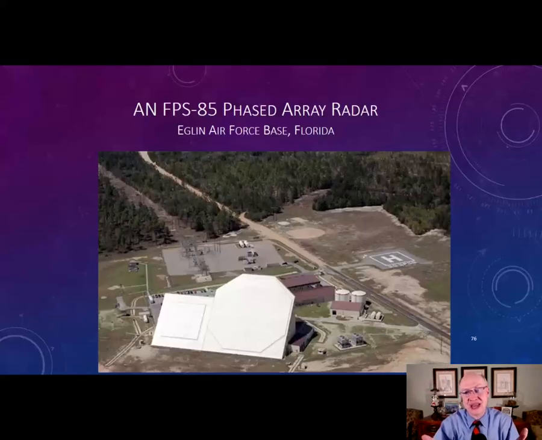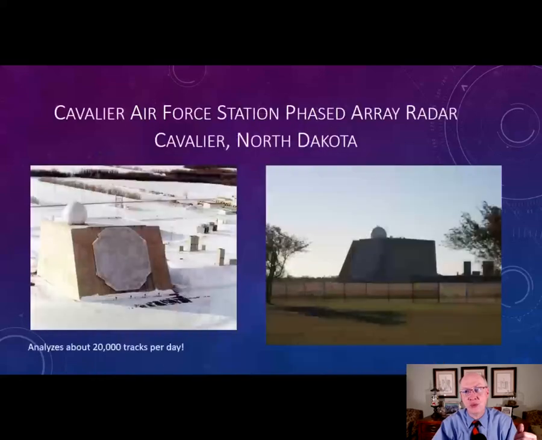And we have radar stations like this, a couple of them around the world. Another big one is Cavalier Air Force Station, the phased array radar in Cavalier, North Dakota. There are also primarily missile detecting sites up in Alaska and Greenland that are looking for ballistic missiles coming over the poles.